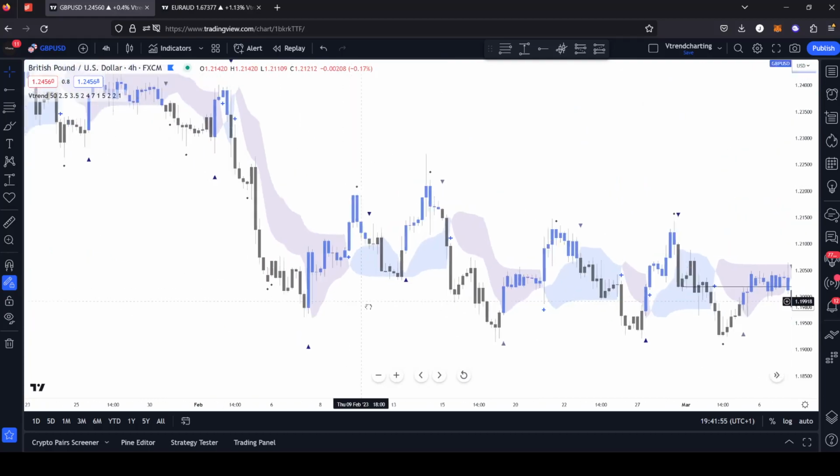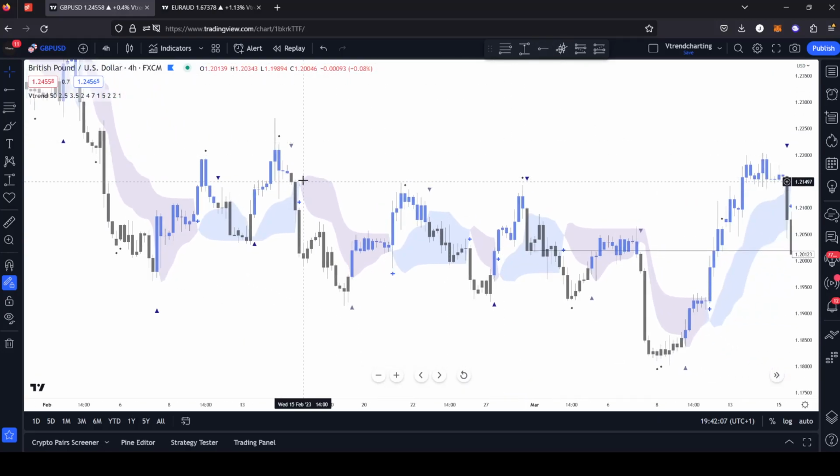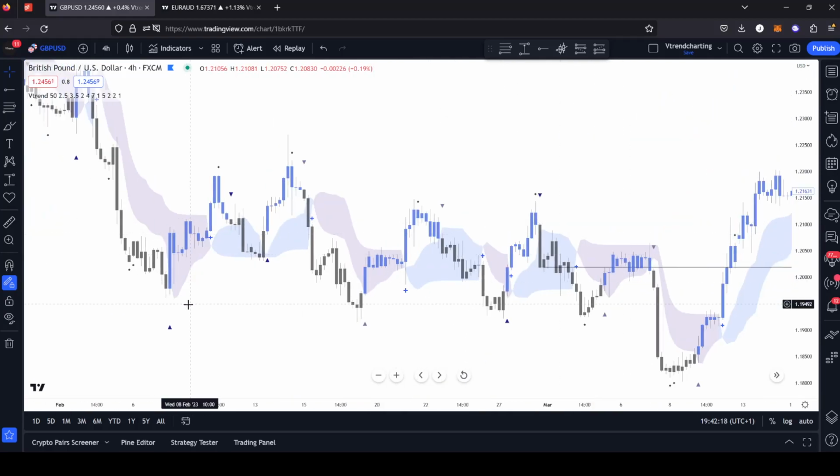So you can see, combined with the bar color, and of course this is just highlighting that, we'll get a great level of information we can use for scalping. And it gives you as early a warning as it's able to. And this is trending quite nicely.